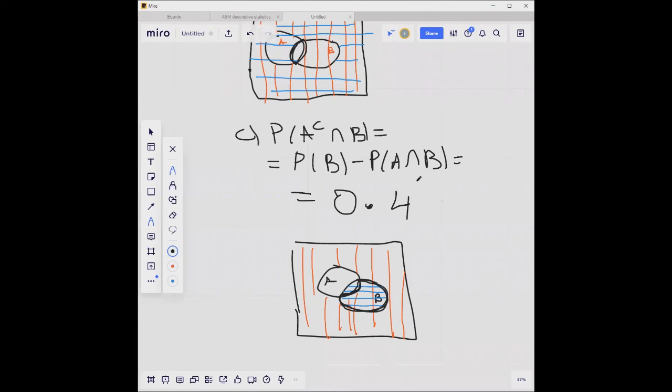All right, now on to the next example. Okay, let me copy this one.